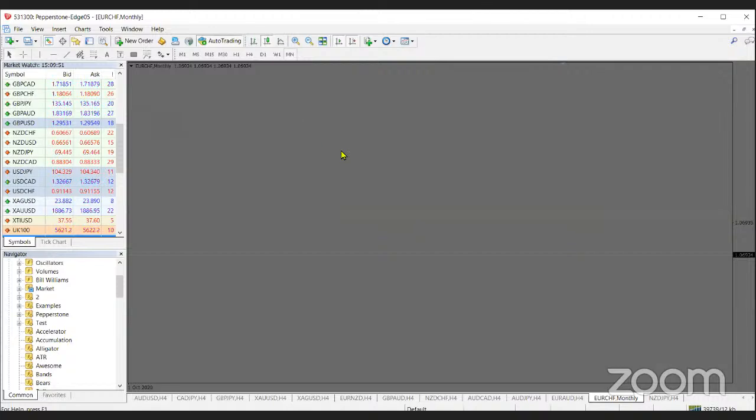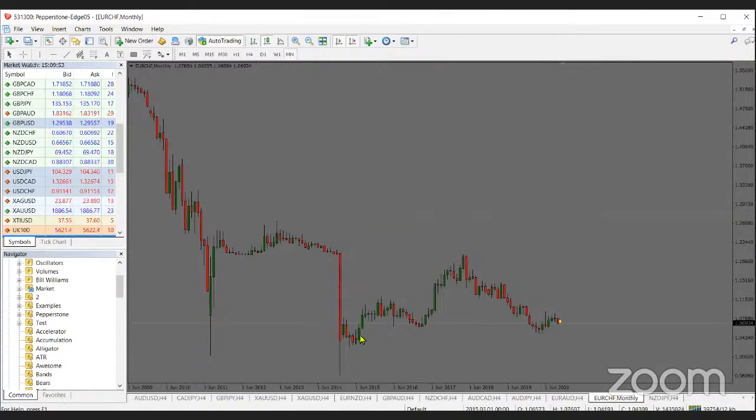How irresponsible these guys were. Without notice, they went on a press conference and eliminated the floor of the exchange rate between the euro and the Swiss franc, and it crashed. Nobody really expected that. Even FXCM had to go bankrupt after that one.